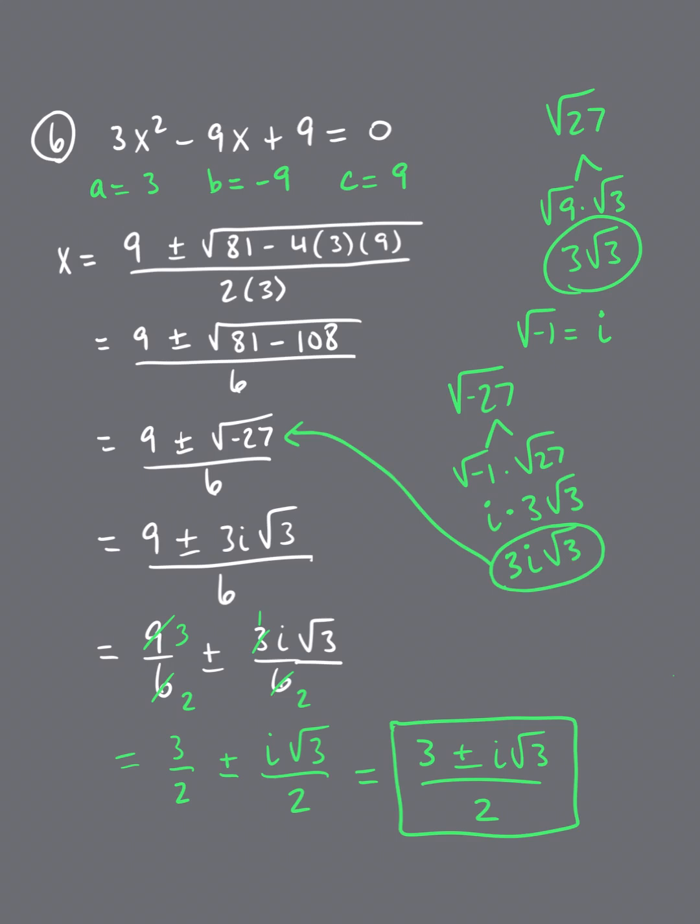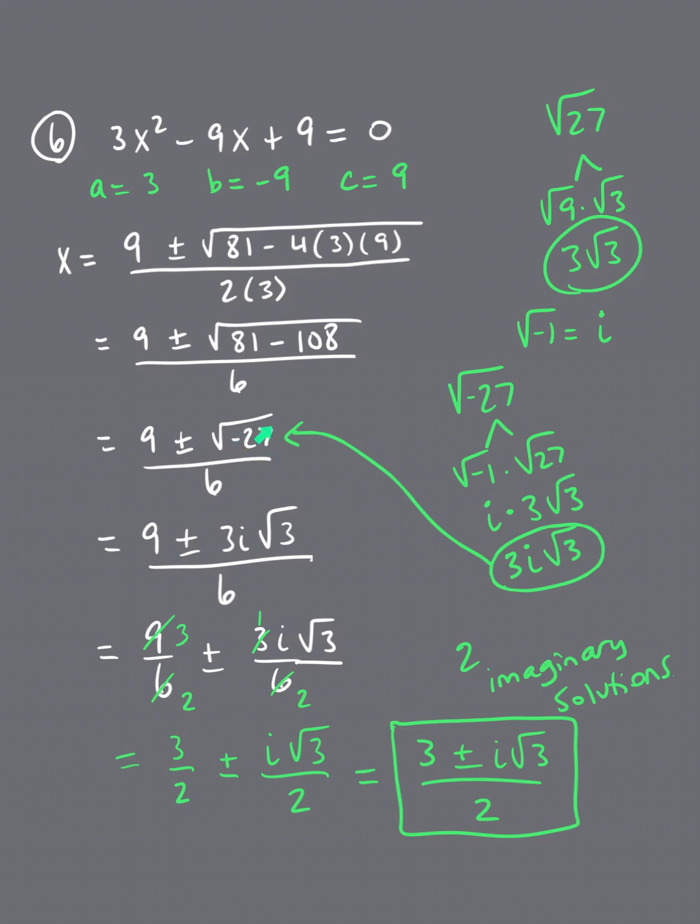Now we can see that we have 2 imaginary solutions because of this i here. Anytime we have an i, it is an imaginary solution. And we have 2 because we have 3 plus i square root of 3 over 2, and we have 3 minus i square root of 3 over 2. Now we could have seen that by our discriminant.